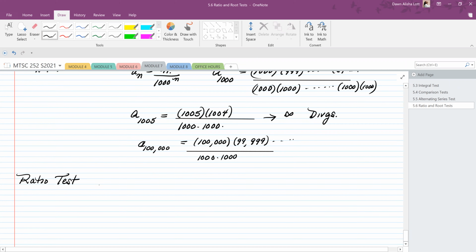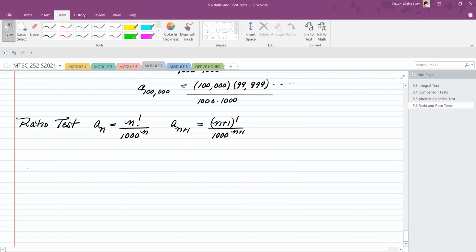So a_n is n factorial over 1,000 to the n, and a_(n+1) is (n+1) factorial over 1,000 to the n+1.